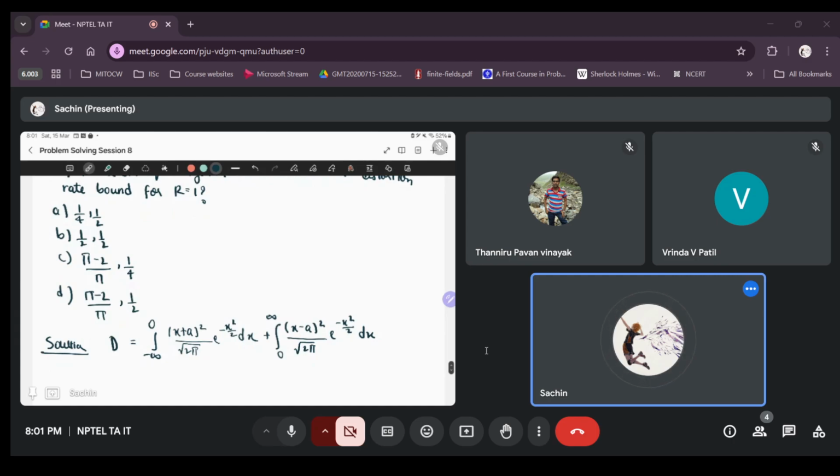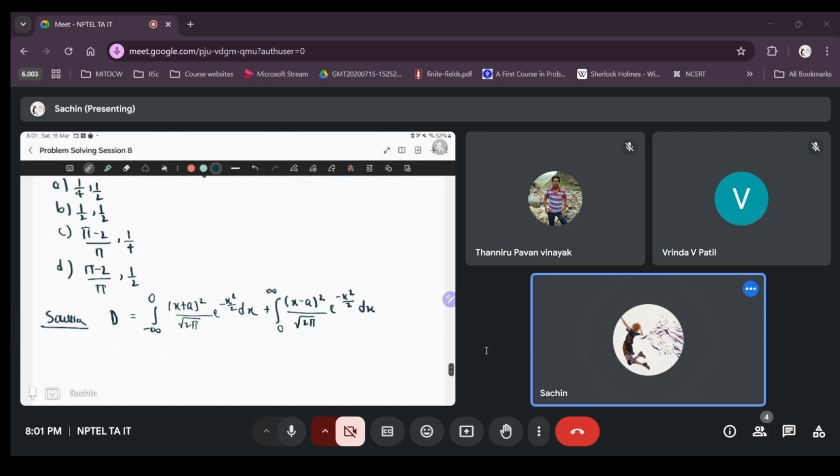And you can further simplify this. X plus a whole square and x minus a whole square both have the terms x square plus a square in common. So you can write it as x square plus a square by square root 2 pi e power minus x square over 2 dx, plus, from minus infinity to 0, you have one more term which is 2ax into f of x dx.